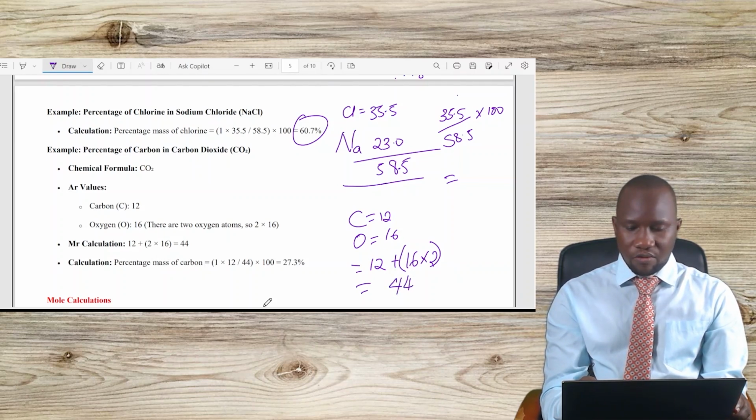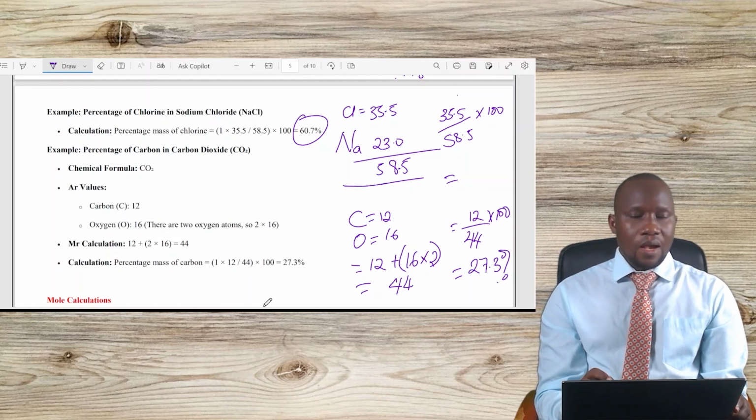So here you get 44, right? So what is the percentage of carbon in carbon dioxide? It is the 12 over 44 times 100. So you get 27.3%.